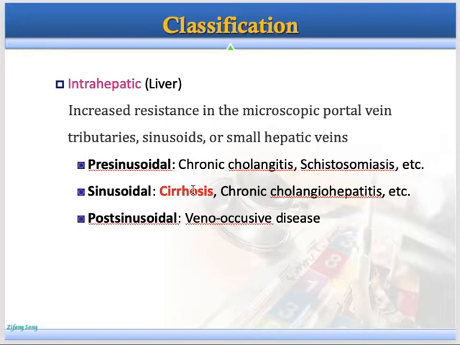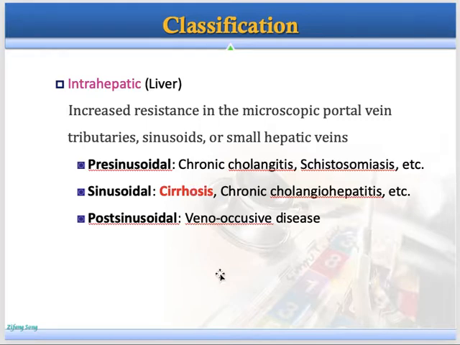Cirrhosis is basically fibrosis of the liver, right? In simple words, the normal liver cells are replaced by scar tissue or fibrosis, fibers. So the liver parenchyma is all destroyed, right? So it cannot function.